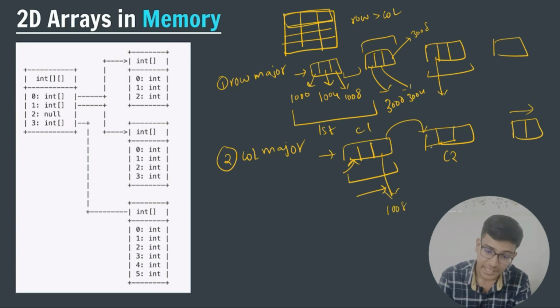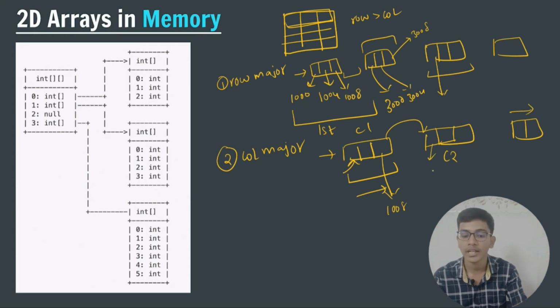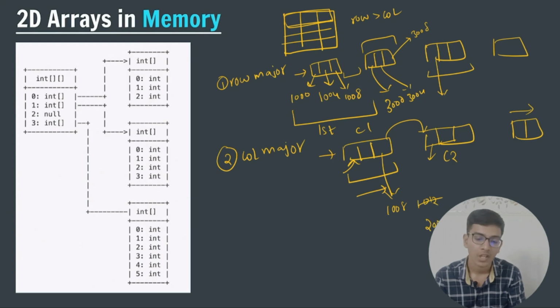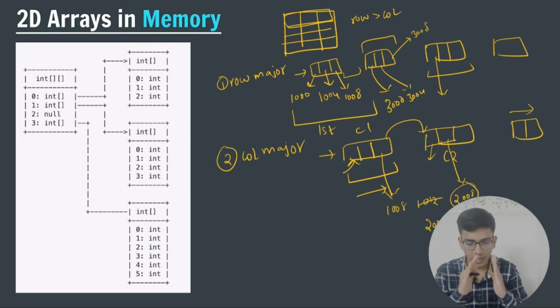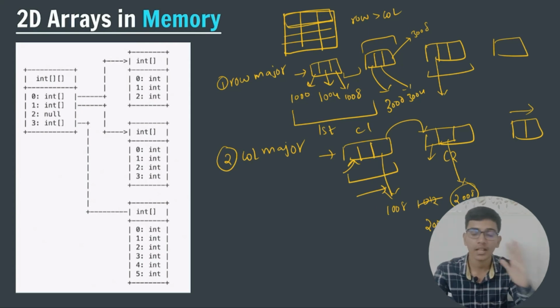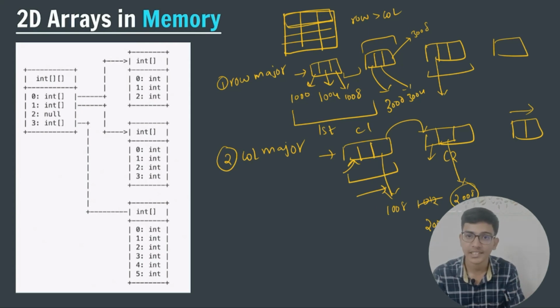After it, in the second column, the first element need not be like 1012. It can be 2004. After it, the second element can be 2008. So different columns may have different addresses, but the elements which are there in the column are stored in continuous fashion.